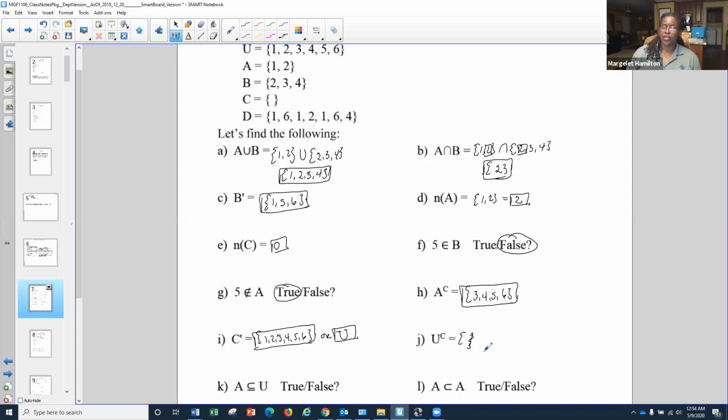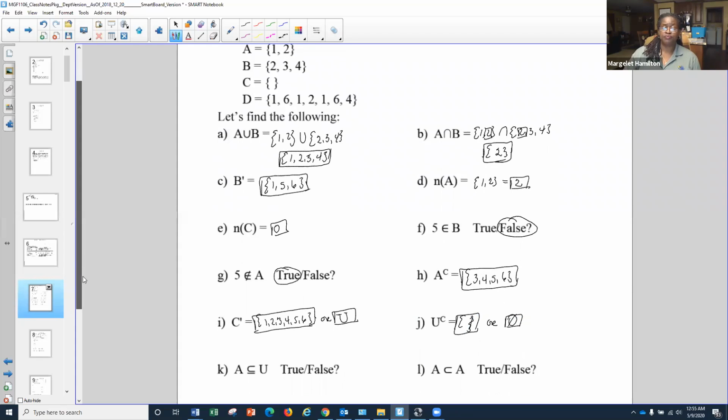It's not so squiggly. There we go. All right, representing the empty set, or the other symbol they gave us, 0 with the slash, representing the empty set. So the complement of our universal set is always going to be the empty set, or some people say the null set, right? But the empty set is fine.